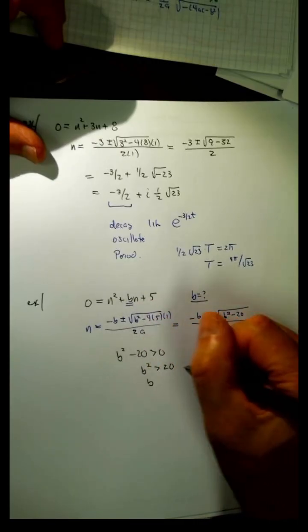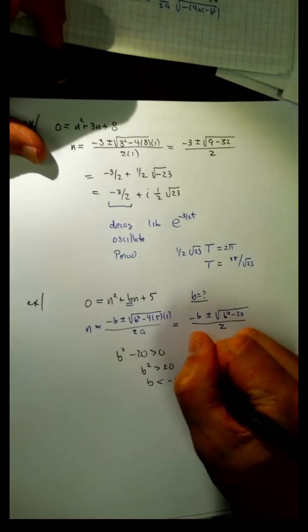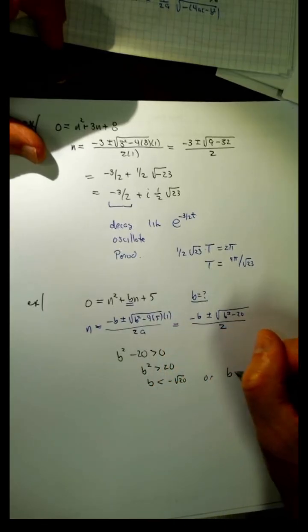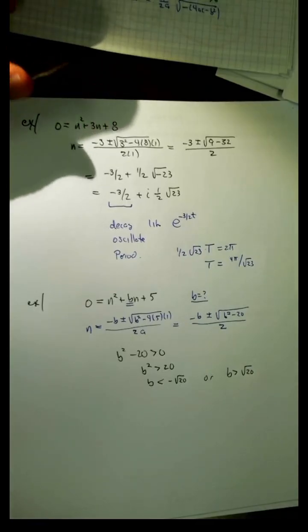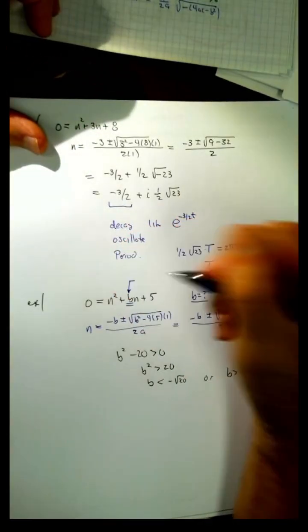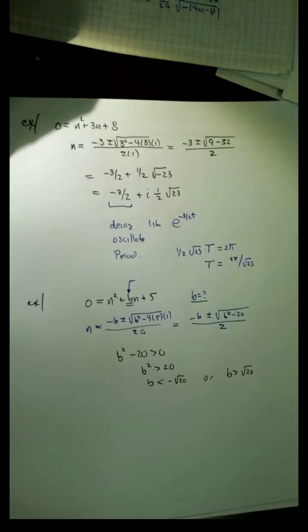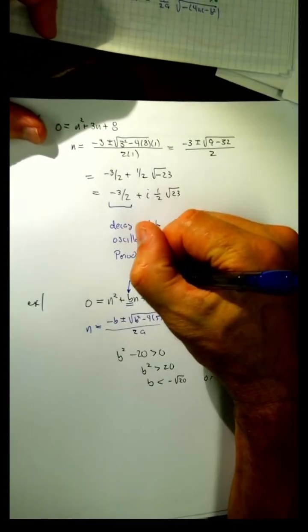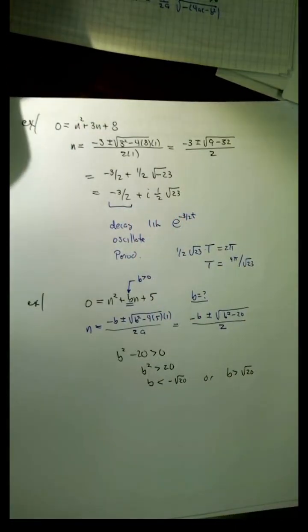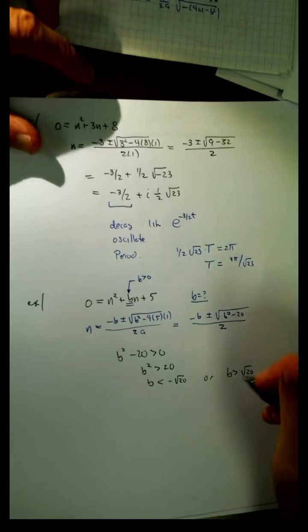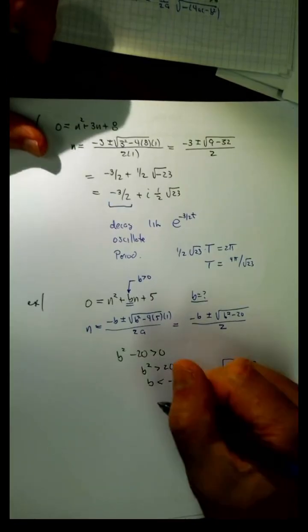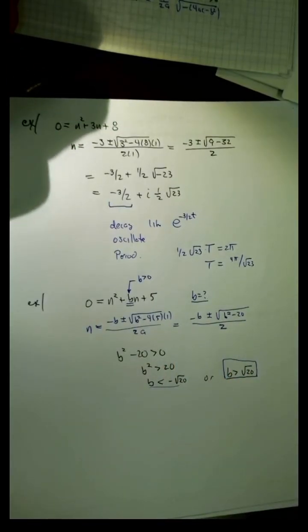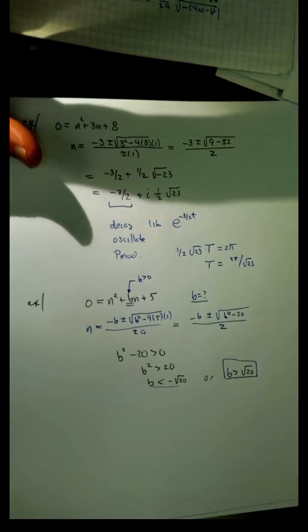If I take the square root of this, b could be less than negative square root of 20, or b could be greater than square root of 20. This is often, in physical systems, the friction term. So to be physically relevant, we need b greater than 0, which means this is going to be our choice. Okay. This is mathematically fine, but physically it's not good.